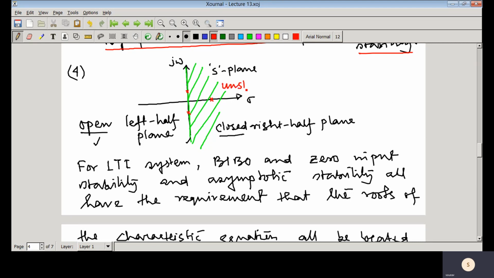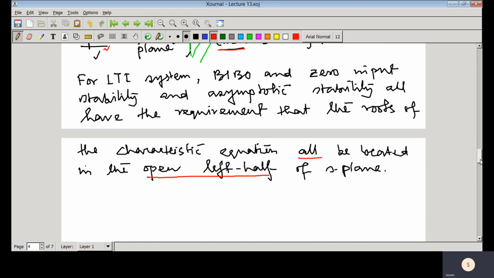This is the unstable zone and this is the stable zone. So if any pole is in the closed right half plane, then it is called an unstable system. And when all the poles lie in the open left half plane, then it is called a stable system.